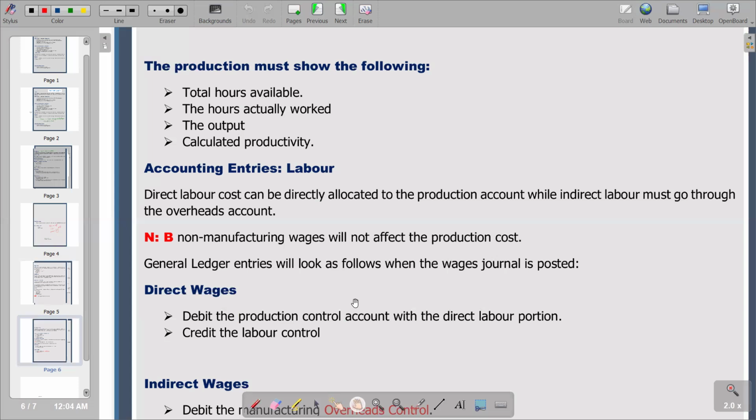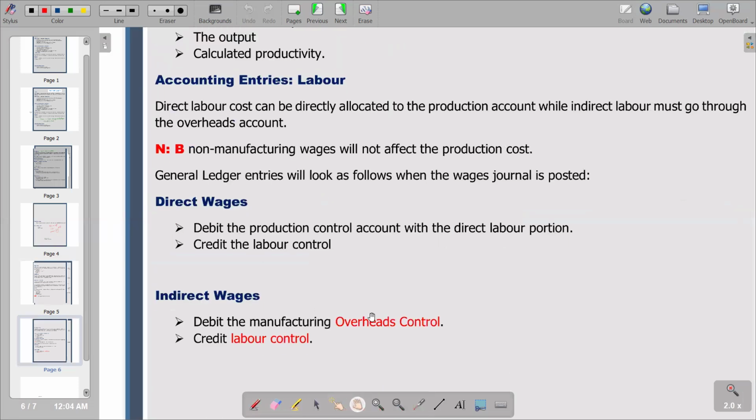If it's indirect wages, we are not going to debit the production control, but we debit the manufacturing overheads control. That's the difference. But the account that's being credited is the same account, the labor control. The overheads control is the one being debited. So basically, this is the double entry that we have concerning the labor which relates to the production account and the manufacturing overheads control account.